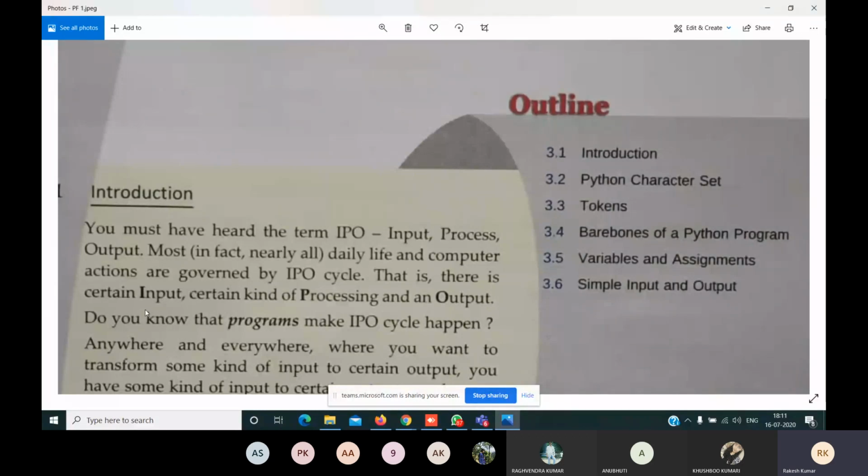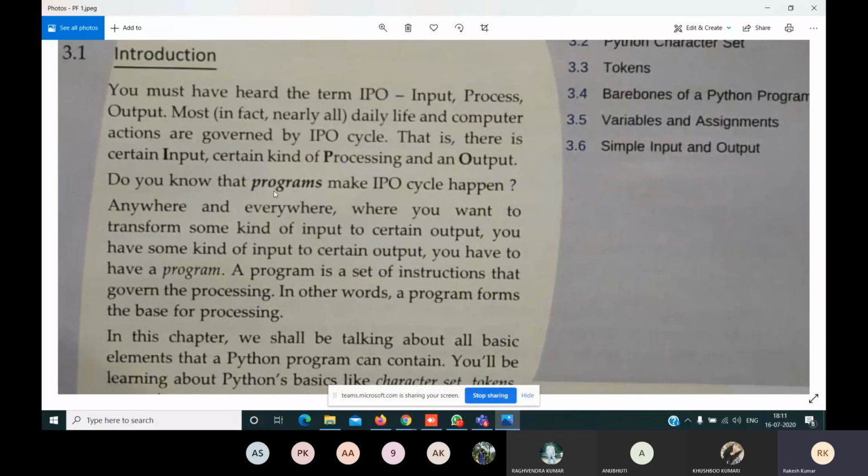That is, there is a certain input, a certain kind of processing, and an output. Do you know that programs make the IPO cycle happen? Anywhere you want to transform some kind of input to a certain output, as your input is, so is the output you get.